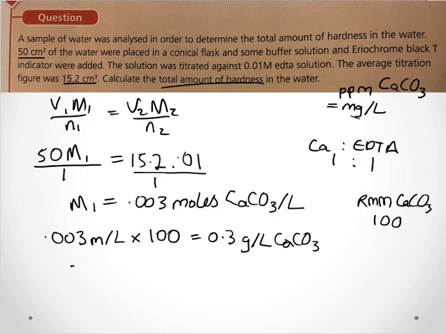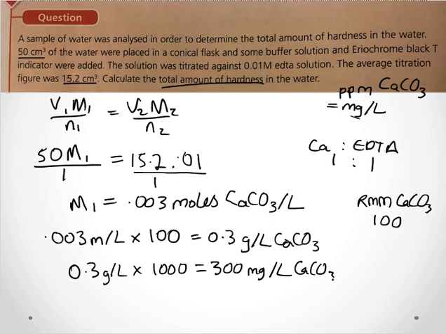So what will I do with my 0.3 grams per litre? I will multiply it by 1,000 to get my milligrams per litre, and that will be 300 milligrams per litre of calcium carbonate, which gives me my answer then.